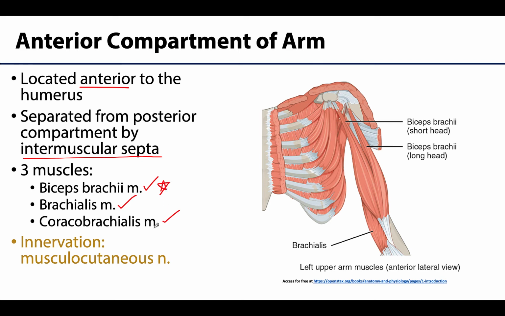All of these muscles are primarily innervated by the musculocutaneous nerve. So instead of memorizing biceps brachii is innervated by musculocutaneous, brachialis is innervated by musculocutaneous, etc., just note that the muscles of the anterior compartment are innervated by musculocutaneous, and hopefully that helps a bit with cognitive load.